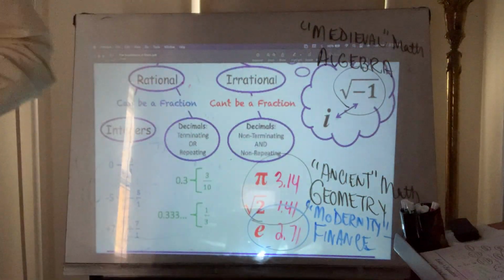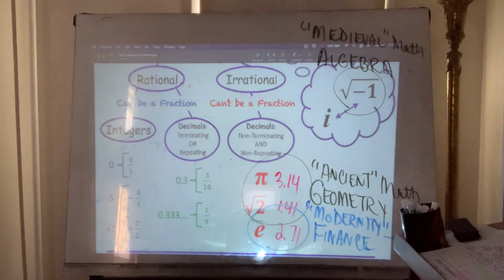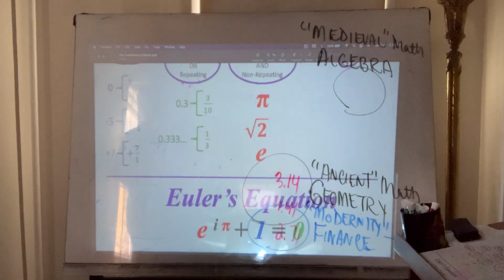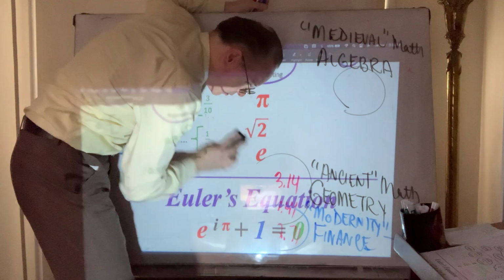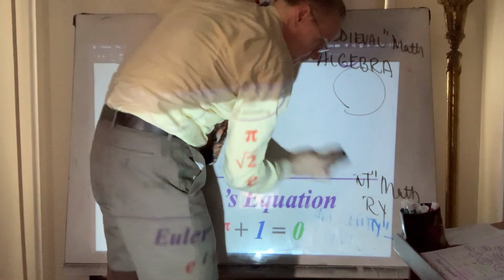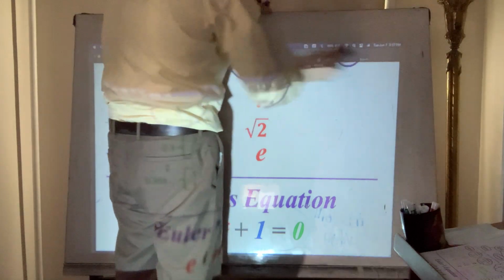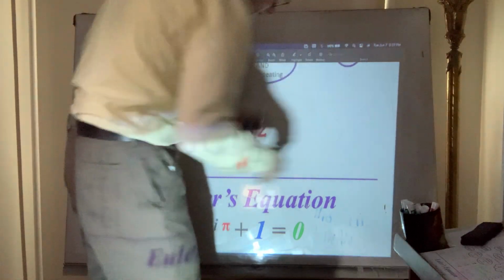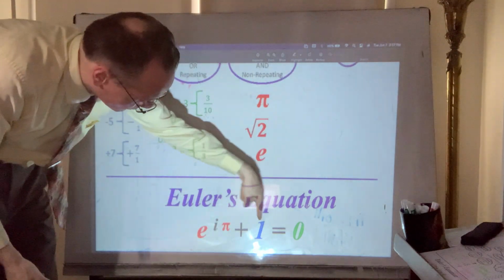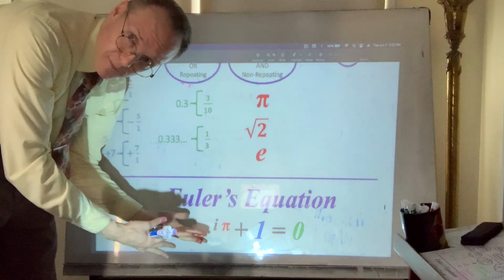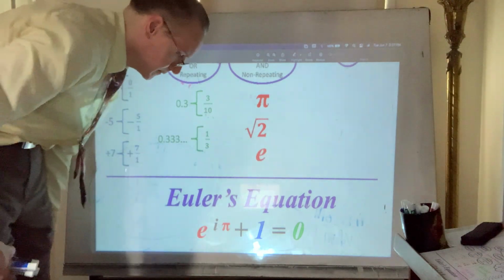Down below on the same piece of paper, there's famously Euler's equation, which is an awesome thing to behold, really, whether you're interested in the subject or not. Why so? Because it incorporates so many of these important, famous numbers, the superstars.